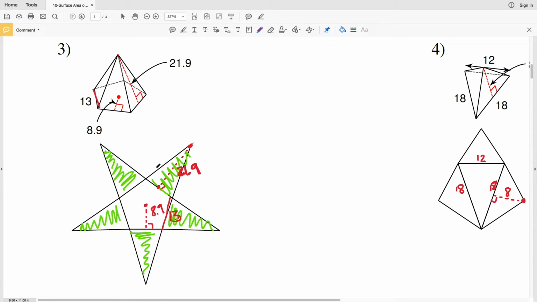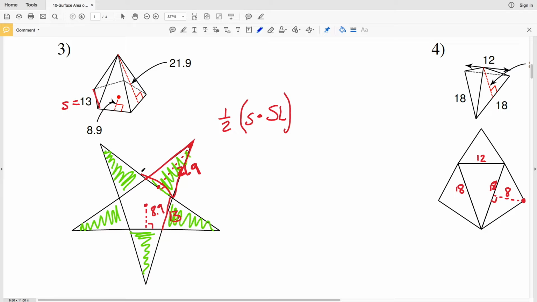So if we were to find the area of one of the triangles, area is 1/2 base times height, where that base is that side length of the pentagon, S, which is 13. So we'll do 1/2 of S, and then multiply that by the slant length, which I'll label as SL. So 1/2 times the side length times the slant length gives us the area of one triangle.